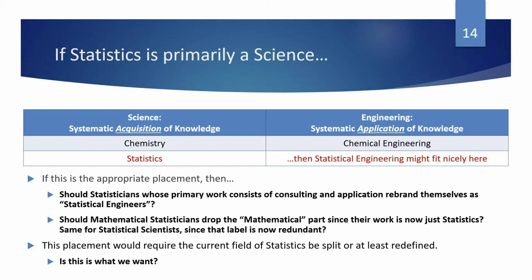That's the science part. So again, these are what we believe are the three different ways of looking at it. And if this is the correct way to think about it, then essentially what we're saying is, we need to adjust how statistics is viewed. We need to make it focus more on the science end so that we have a nice place for statistical engineering. The question then is, is this what we want for the field?